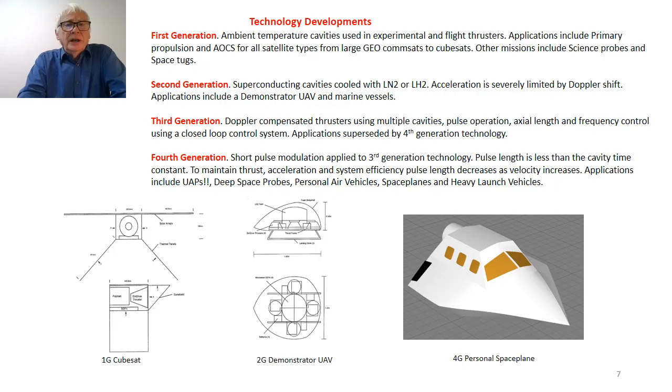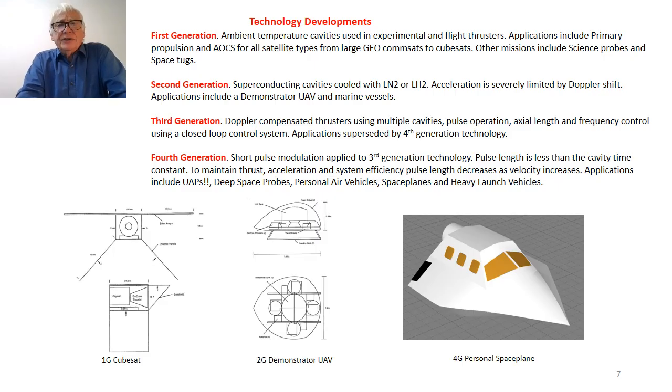And you can see a diagram of a first generation CubeSat given in the slide. Further missions included science probes and space tugs, which we've also covered in later lectures.